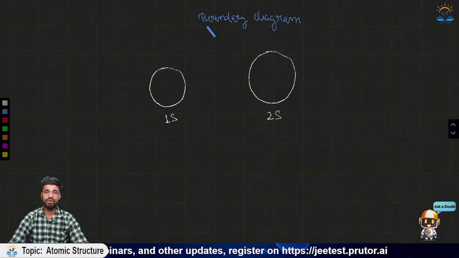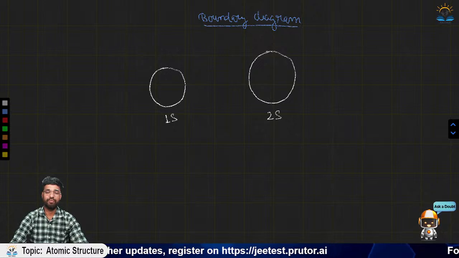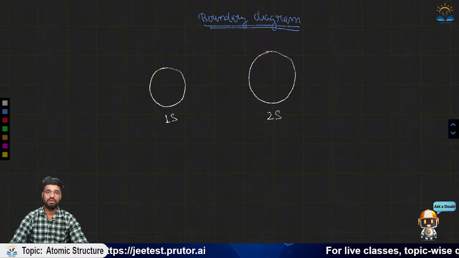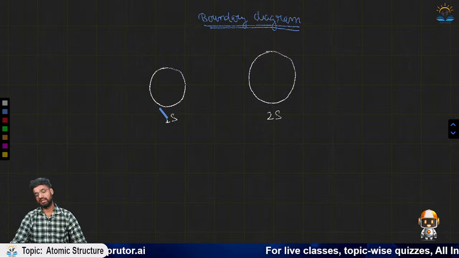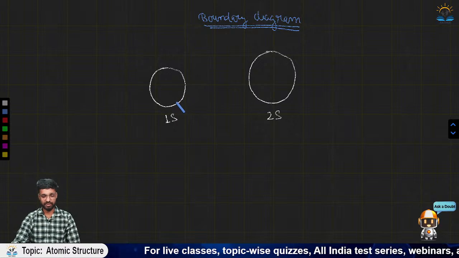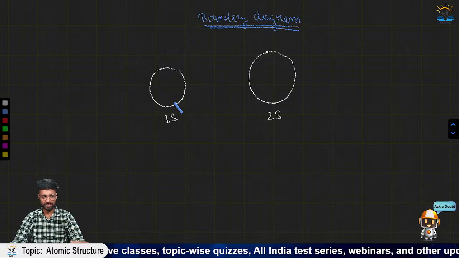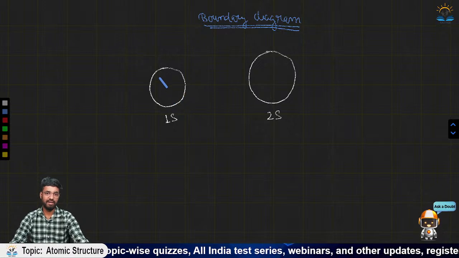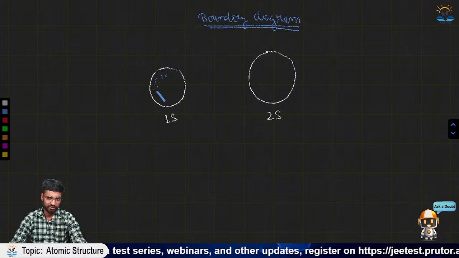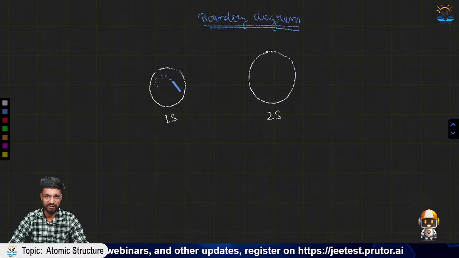It is nothing but a contour plot. Most students may not have heard this term contour plot, but just take it now that yes, that is a real thing. It is just the shape of this orbital. It is spherical, and wherever the dots are more, we have more probability.